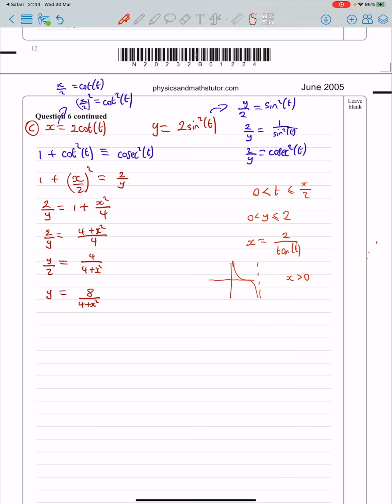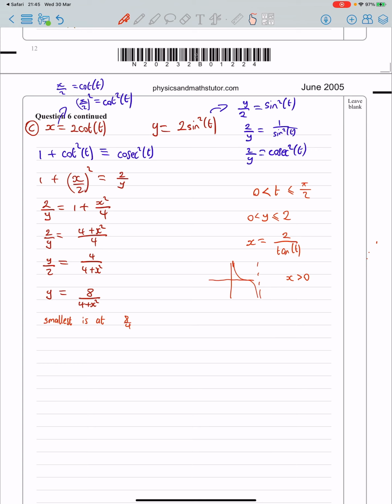And if this is true, that means that we've got y equals 8 over 4 plus x squared. Well, the smallest that could possibly be is, technically greater, but 8 over 4 is like the lower bound, because that's when you substitute x equals 0.